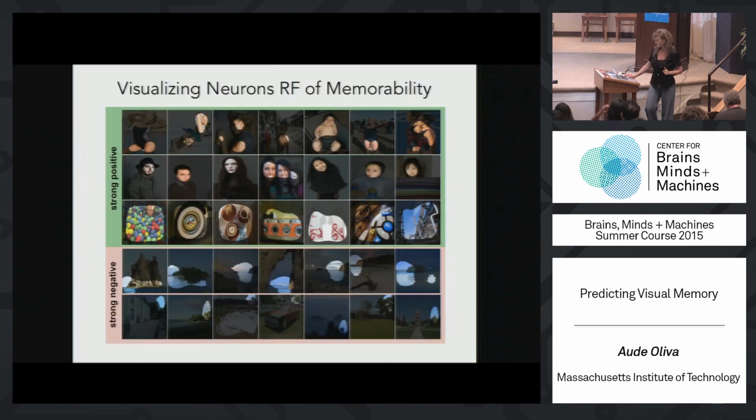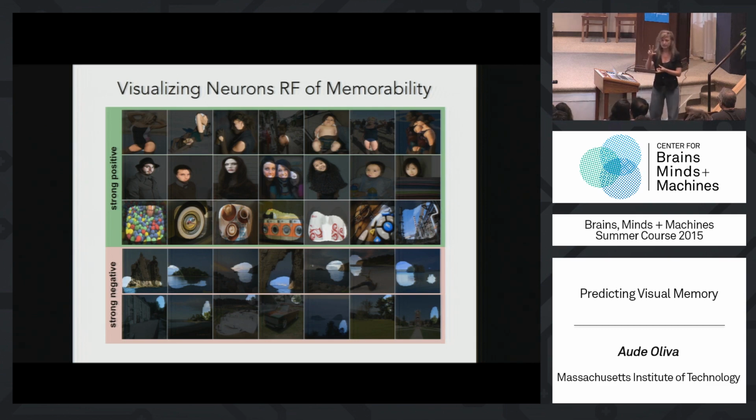And because we can open up this new network of memorability and look also now at the receptive fields of the neurons that are related to high or low memorability images, we will publish every single receptive field on the web, as well as with this paper.